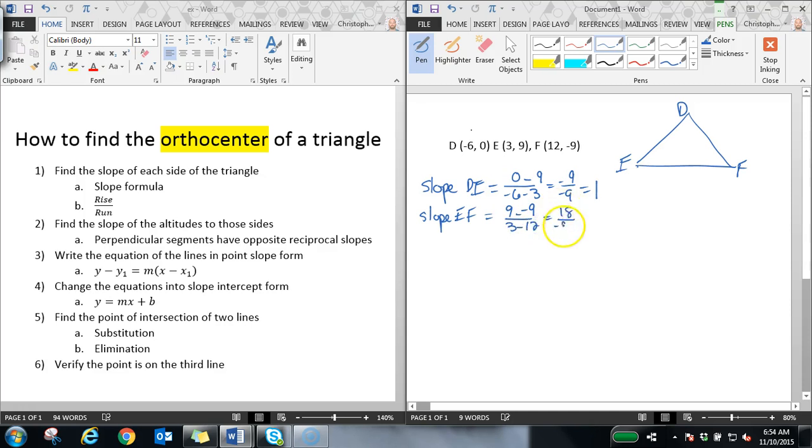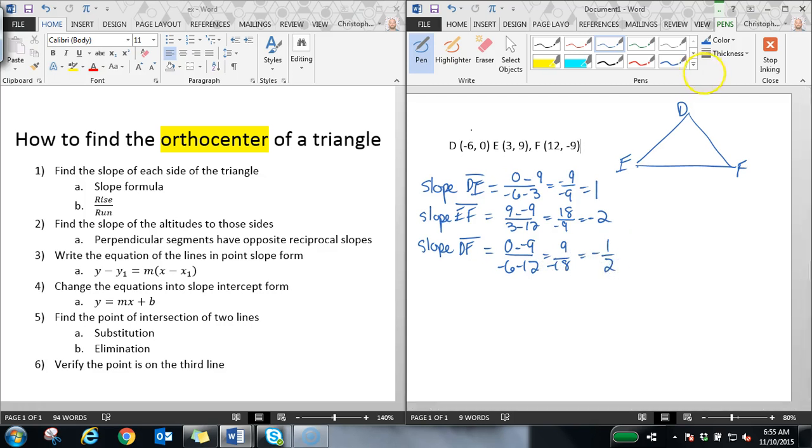So it's 18 over negative 9, or negative 2. And the slope of DF is 0 minus negative 9 over negative 6 minus 12, 9 over negative 18, negative 1 half. So those are the slopes of those segments.